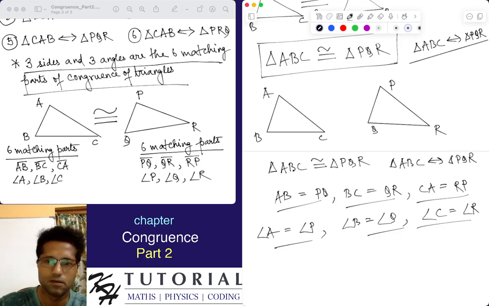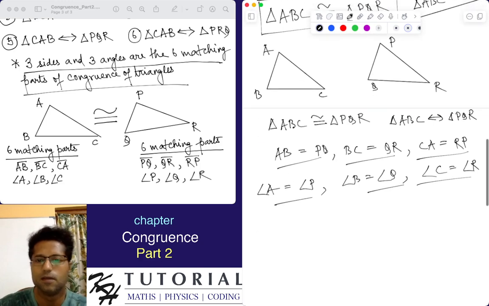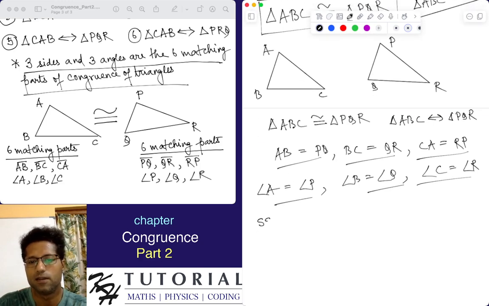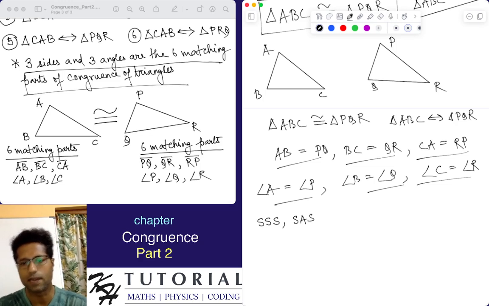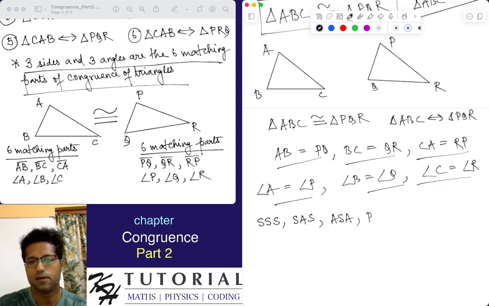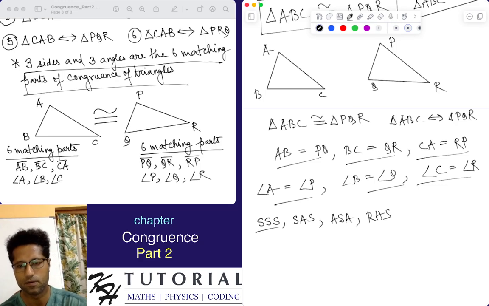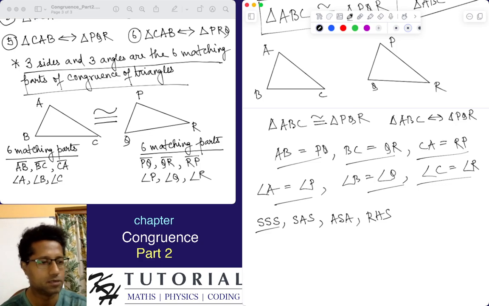The 4 conditions are the side side side condition of congruency, the side angle side condition, the angle side angle condition, and RHS. Here I'm just briefly discussing these 4 conditions of congruency of two triangles. I will definitely discuss this elaborately in the next video.